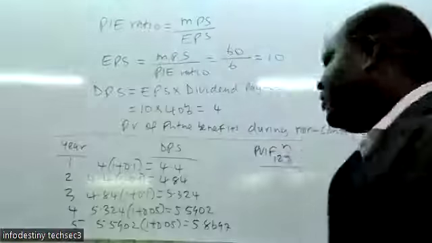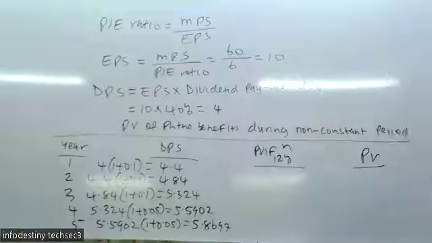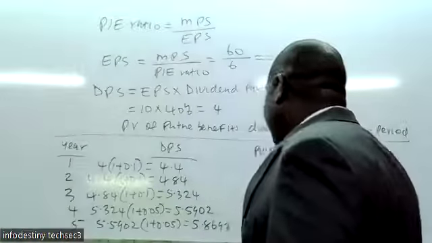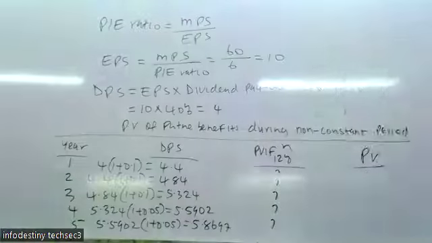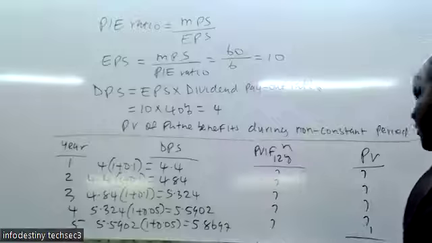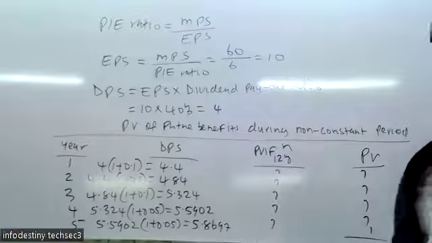Now you will be checking the table: 12%, year 1, year 2, year 3, year 4, year 5. Multiplied by those dividend per share, get your values at that point, then you add.